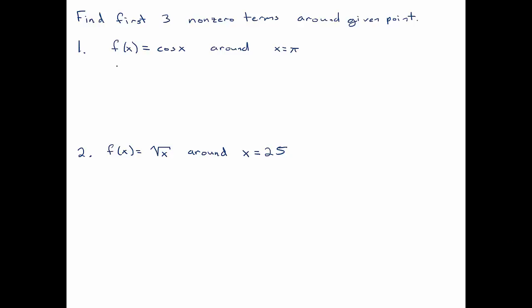Okay, so the first thing we need to do is take derivatives. And we've seen that when we're dealing with sines and cosines, we get a lot of terms that go to 0. So we're probably going to need to take a lot of derivatives. Okay, first 4 derivatives to be on the safe side. Well, the original function evaluated at pi, cosine of pi is minus 1.